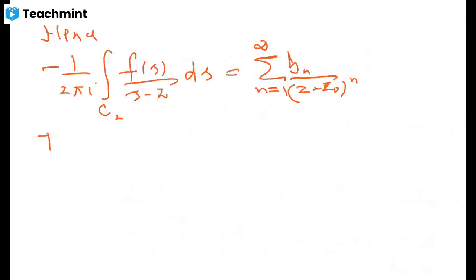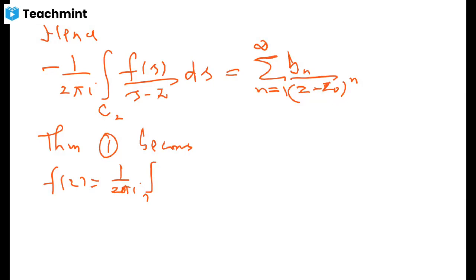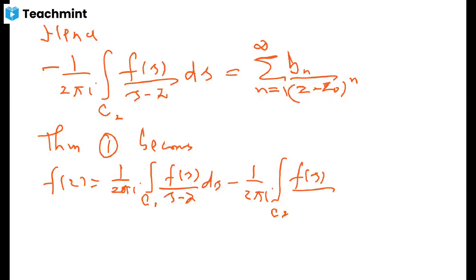What do you get? What was first? First was your f of z equals 1 upon 2 pi i integral over c1 of f of zeta upon zeta minus z d zeta minus 1 upon 2 pi i integral over c2 of f of zeta upon zeta minus z d zeta. You have the values of these integrals as power series, as series expansions.